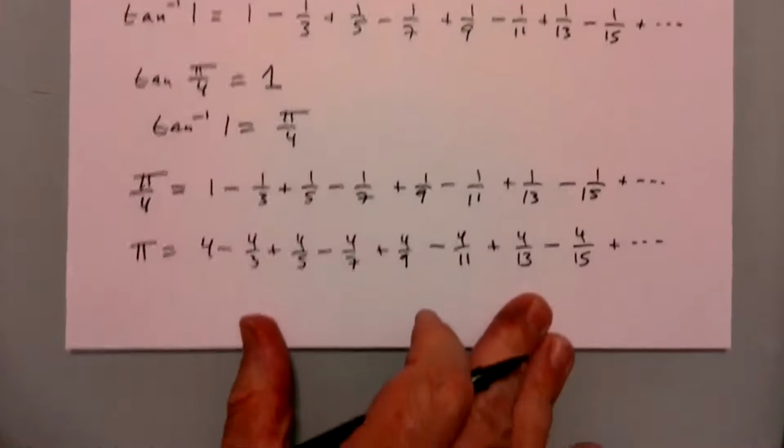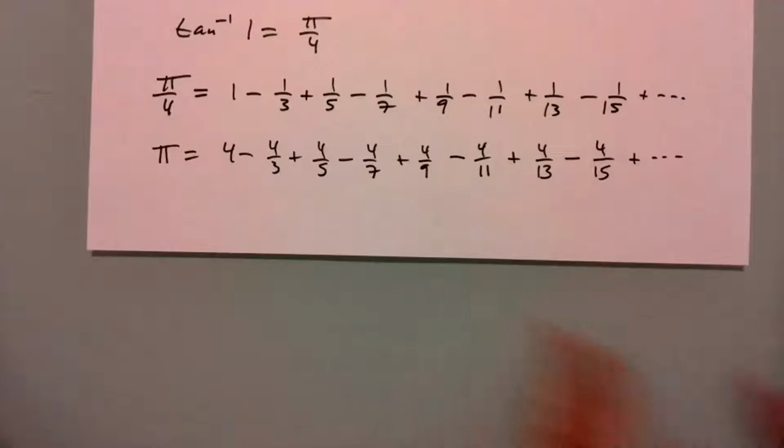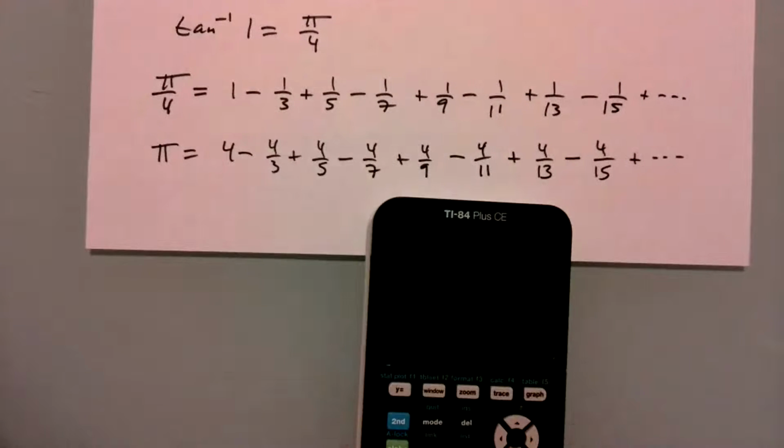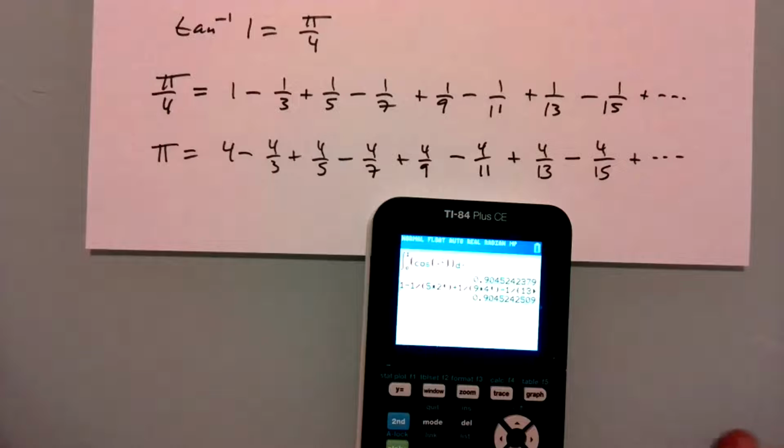Now, what will that give us on the graphing calculator? Anything close to pi? You can take a look. I'm going to check to make sure what I've put in: 4 minus 4 thirds plus 4 fifths minus 4 sevenths plus 4 ninths minus 4 elevenths plus 4 thirteenths minus 4 fifteenths.